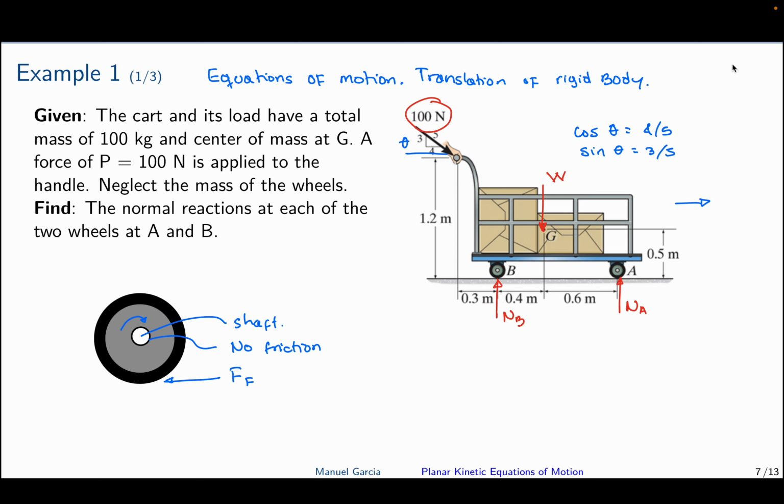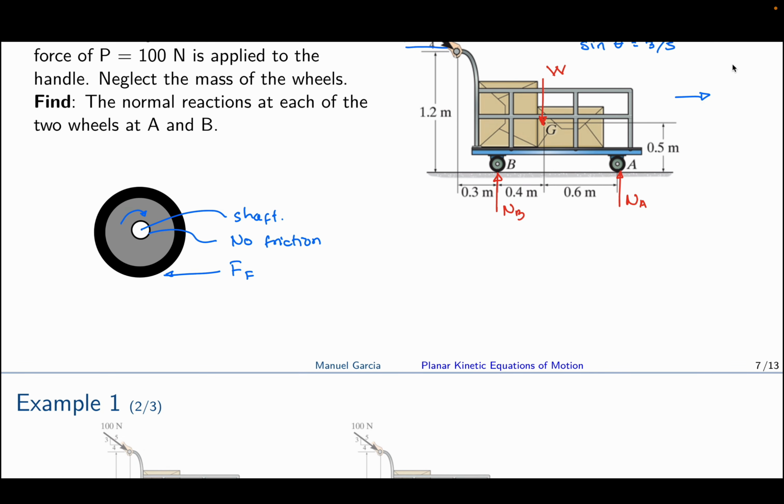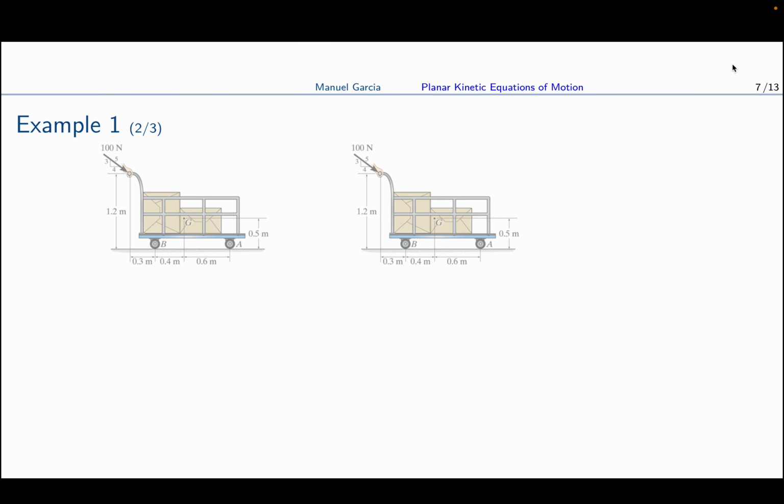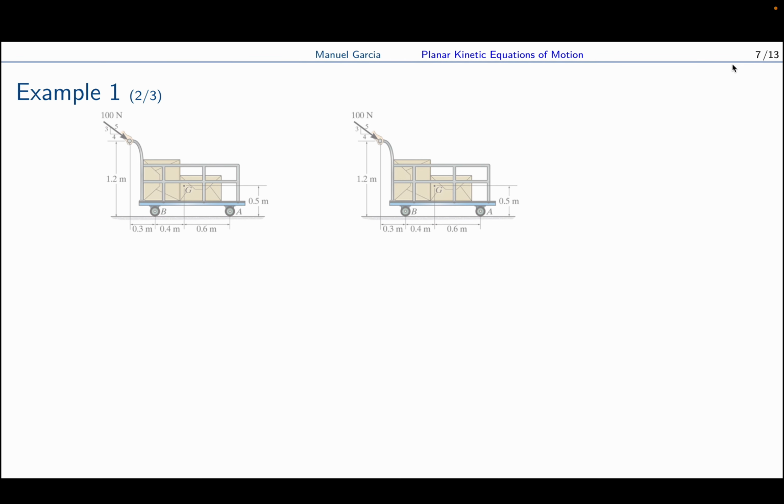Okay, so let's proceed. The first thing we are going to do is the free body diagram and the kinetic diagram. So this will be the free body diagram, and this will be the kinetic diagram. One is equal to the other, and I'm going to decompose the forces in the x and y direction.